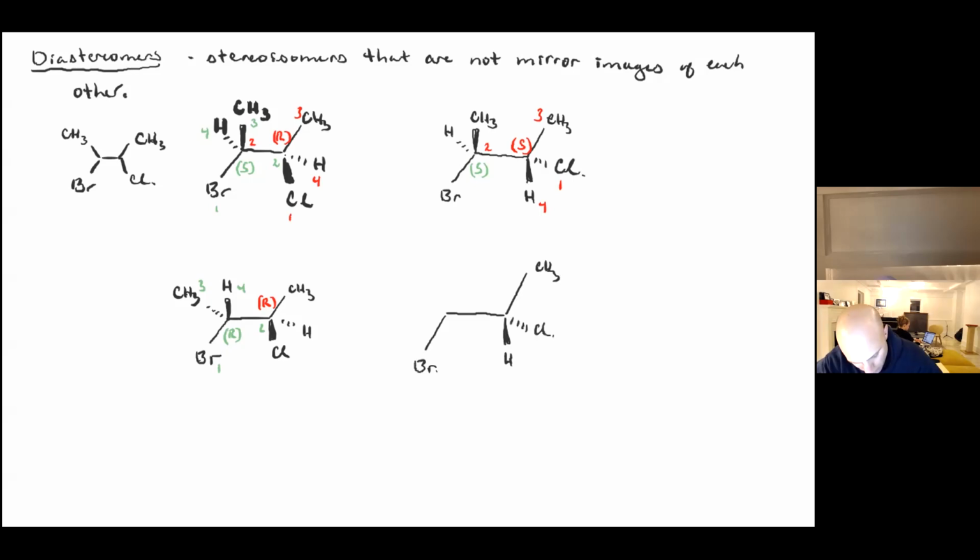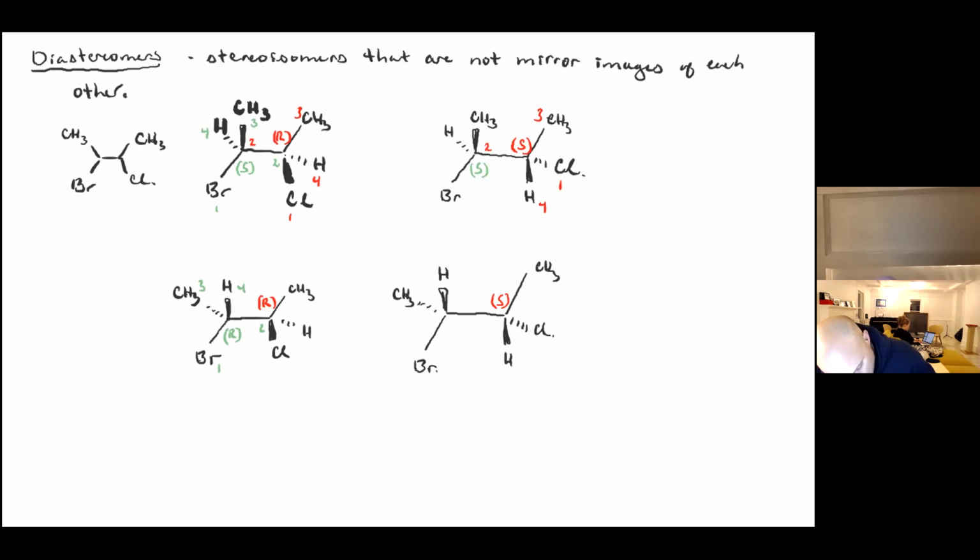Okay, so I flipped the one on the right to S, and then the one on the left, I'm going to change to R. And so that will be the same as what I've drawn immediately to the left of this one.